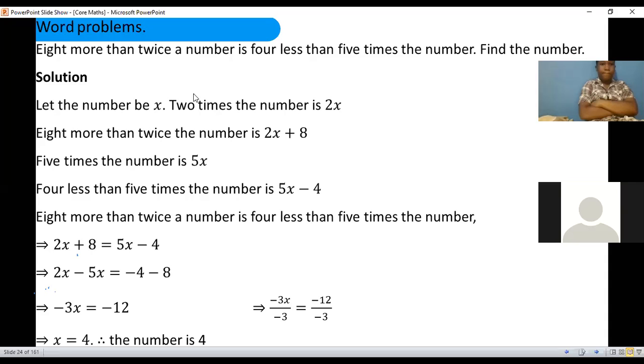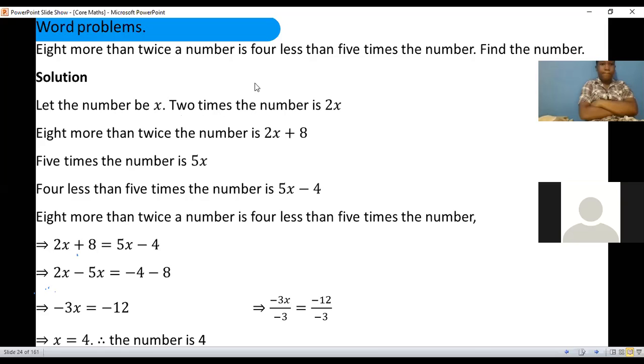So we have 2x plus 8. Please, is someone having any confusion so far with that? Any confusion? Okay. No, sir.